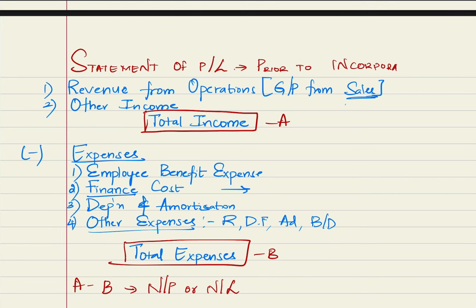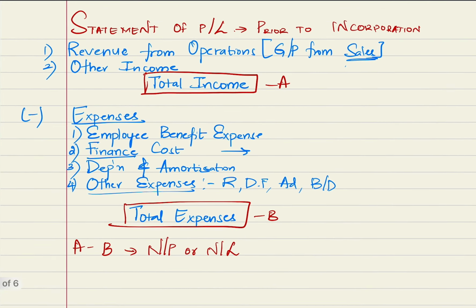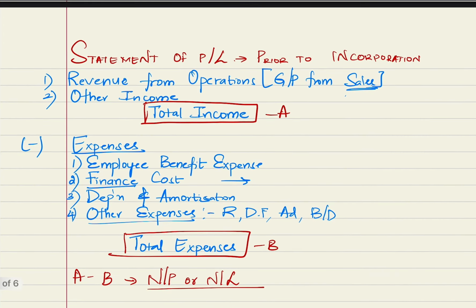Basically, we will use this particular format throughout this chapter to find out the profit or loss of the business prior to incorporation. So this is just an explanation or an introduction as to what we will use to find out profit prior to incorporation.